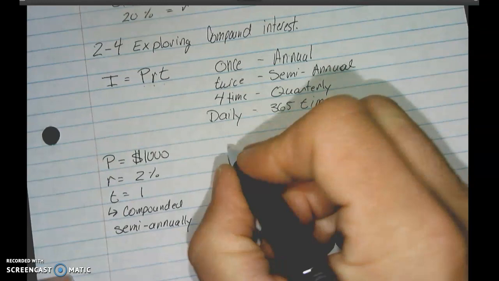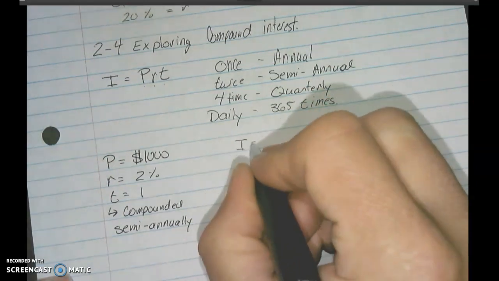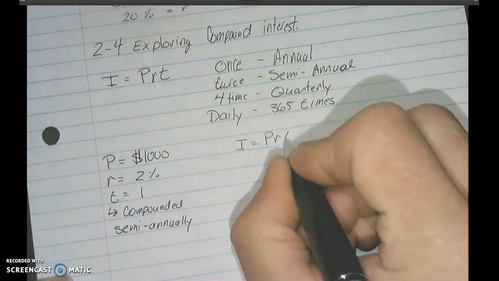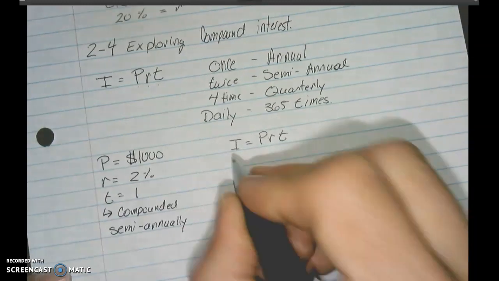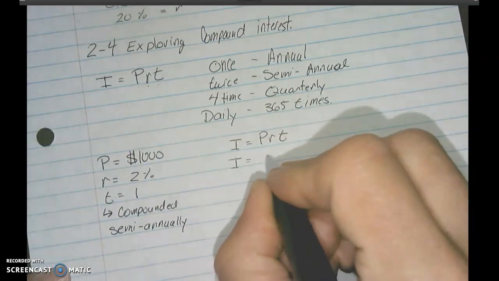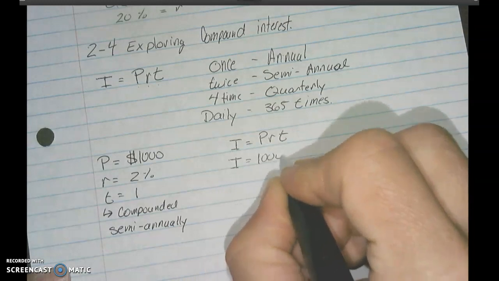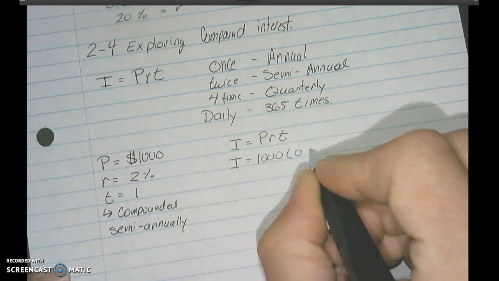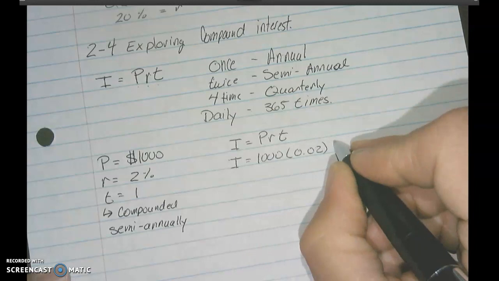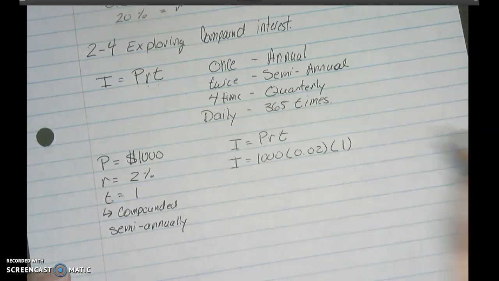Okay. So again, just to let you see where everything's going, I is equal to PRT. So I'm going to throw my interest on there. My principal is 1,000, my rate is 0.02, and my time is for 1 year.